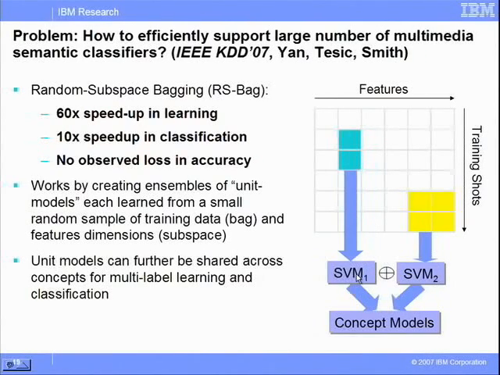And what you do is you create an ensemble of these unit models, as we call them, and then we fuse these together. We get a lot of nice properties. These unit models are faster to learn. They're faster to run against your video content later on. The fusion is a very simple fusion because it's just averaging.